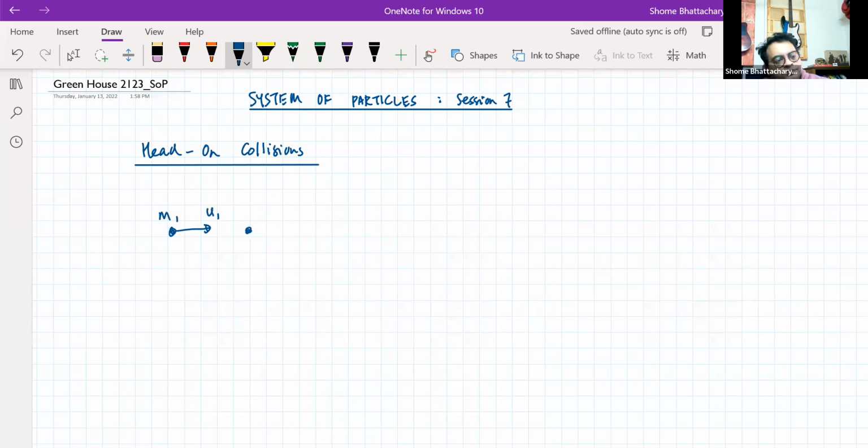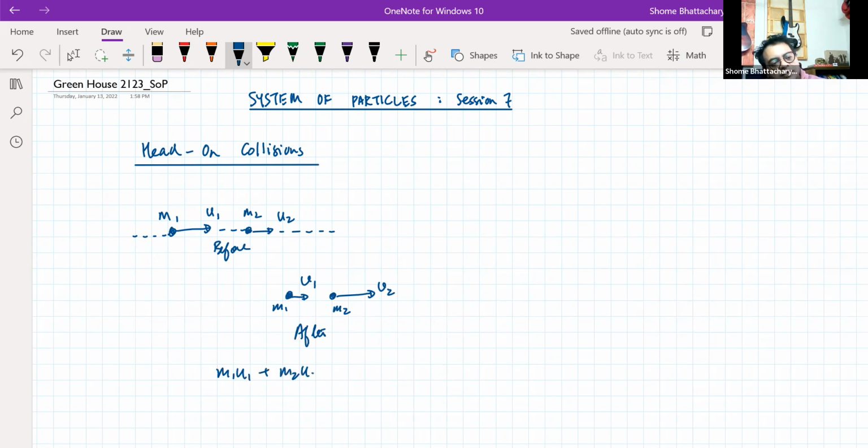So if a particle of mass m1 collides with another particle of mass m2, both moving along the same line with velocities u1 and u2 before impact, such that after impact this one's velocity becomes v2 and the particle m1's velocity becomes v1, then m1 u1 plus m2 u2 is equal to m1 v1 plus m2 v2. This is the momentum conservation equation, which is universal for all head-on collisions.